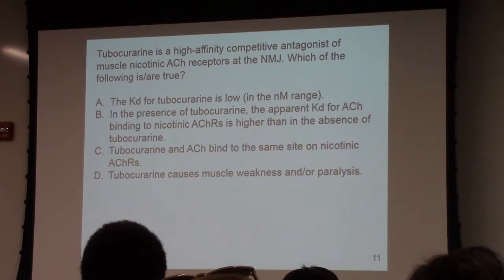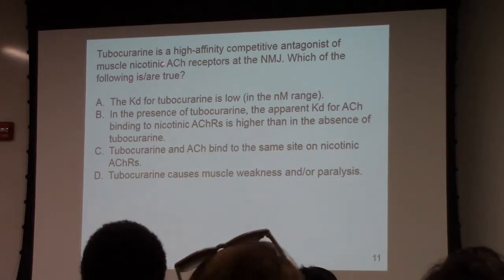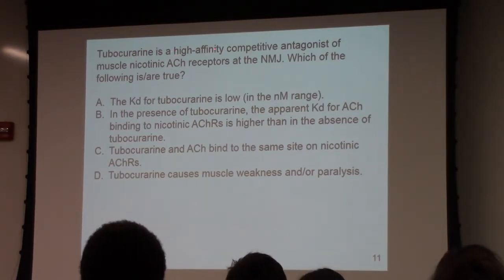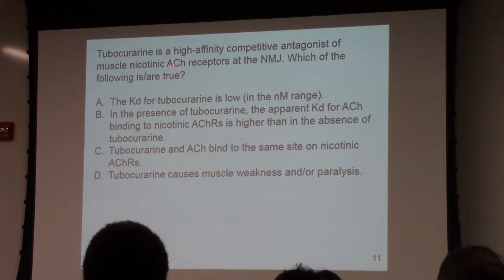Giving you some new information in the stem of the question, and then the branches ask you to apply your knowledge about this terminology. I don't care that you learn about tubocurarine, but you should know what high affinity, competitive antagonist mean. You should know what the acetylcholine receptor at the neuromuscular junction is.